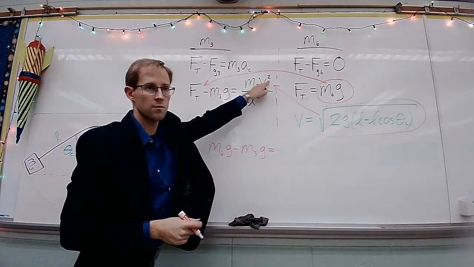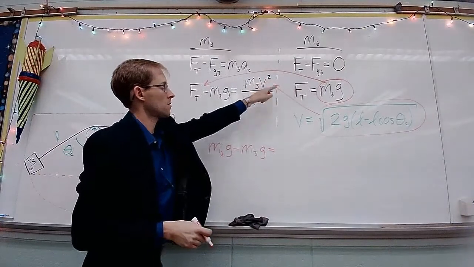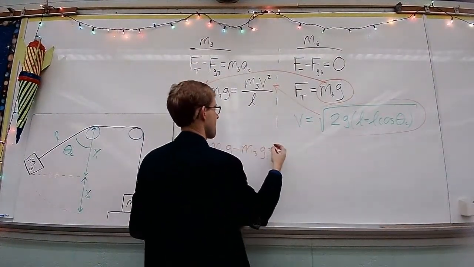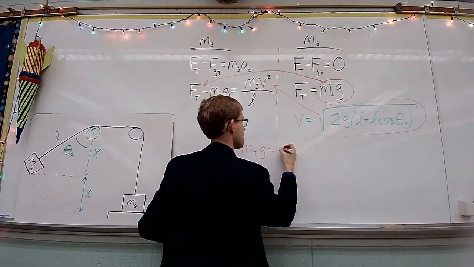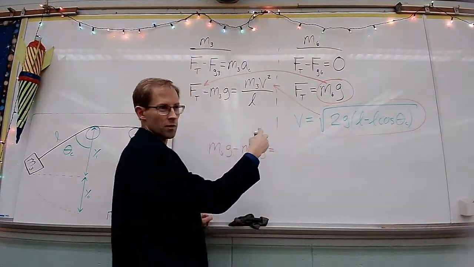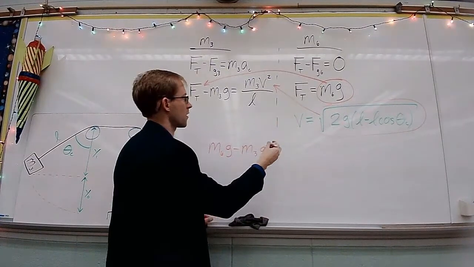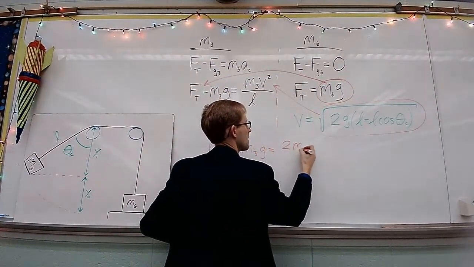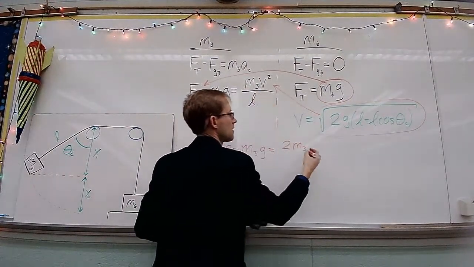Now notice this velocity is squared. So I'm just going to get rid of the square root sign. And I'm going to move the 2 out in front. Usually we put the constants out in front first. So 2 m3 times g.